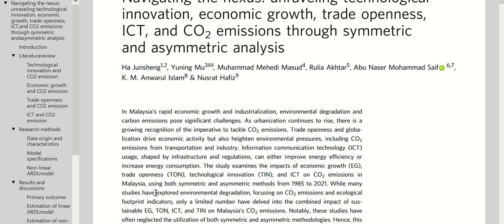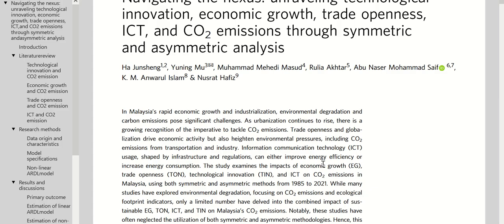While many studies have explored environmental degradation, focusing on CO2 emission and ecological footprint indicators, only a limited number have delved into the combined impact of economic growth, trade openness, ICT and technological innovation on Malaysia's CO2 emission.